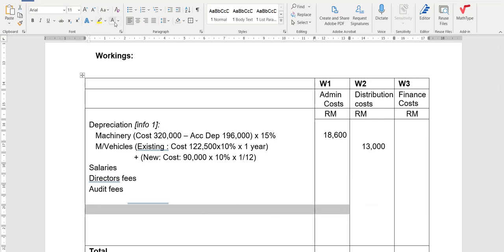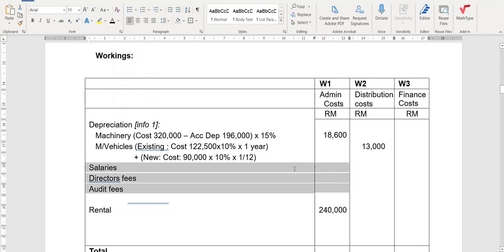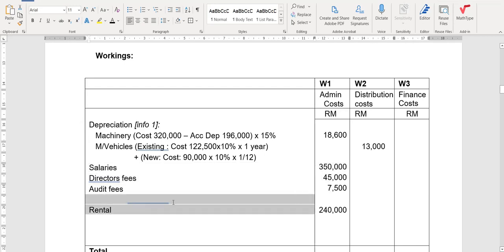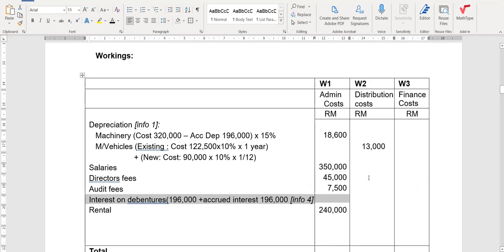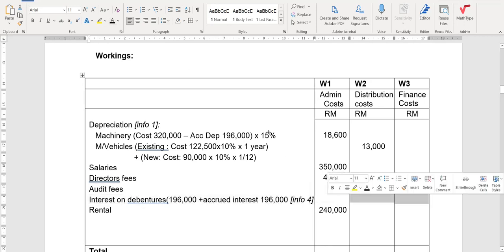So rental, no adjustment. Audit fees, no adjustment. No adjustment at all for all this, except the adjustment is just for the interest on debenture, which is under your finance costs.